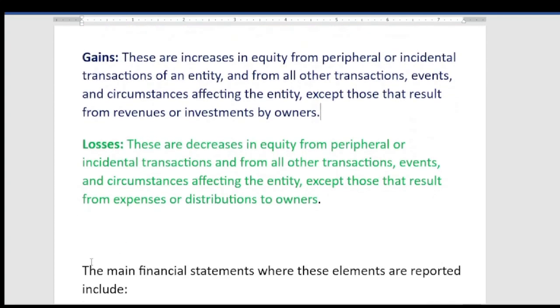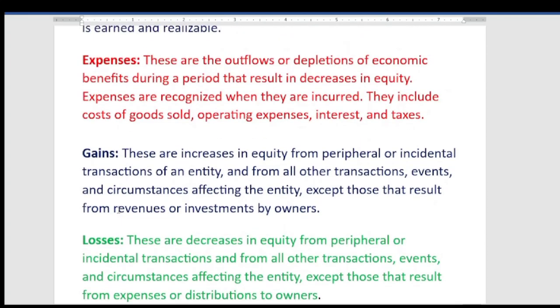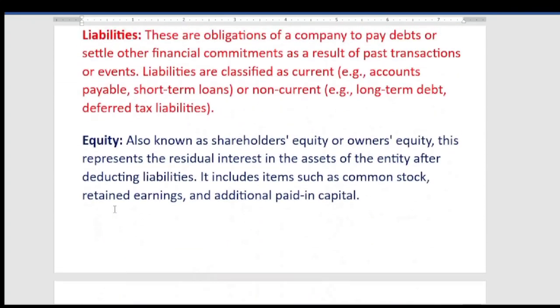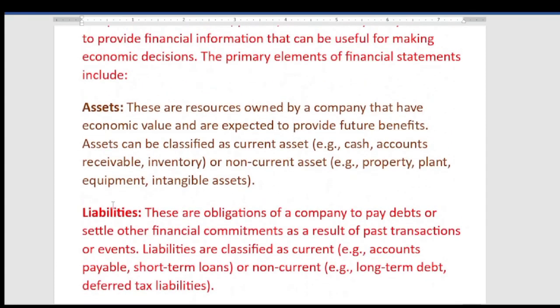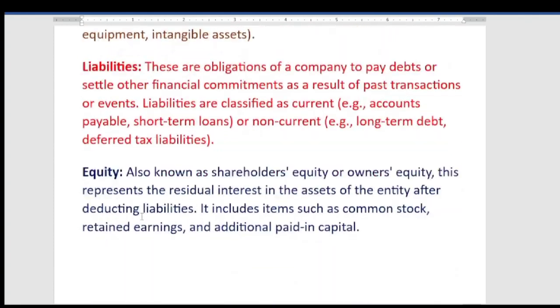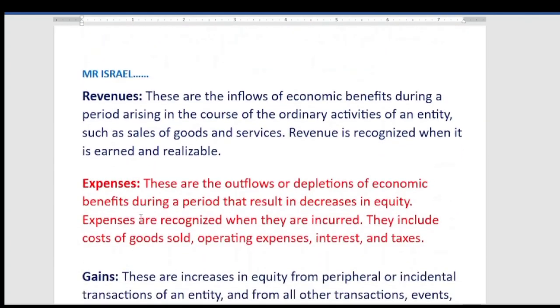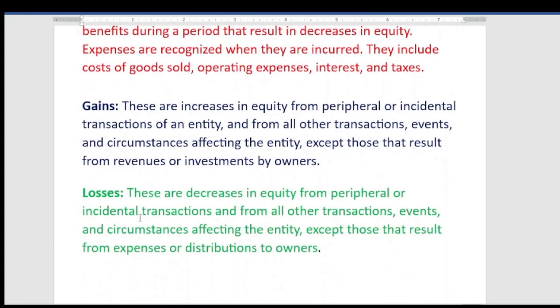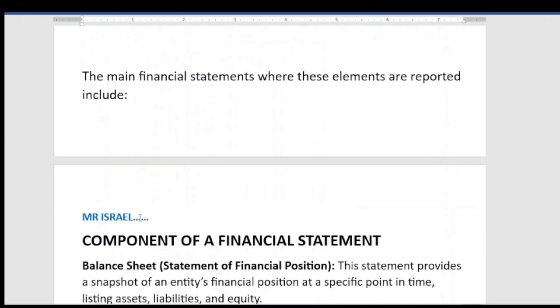The main financial statements where all these elements are reported, they are reported somewhere. That is what I'm saying, that they are under something. Where all these elements are reported will take us to what we call components of financial statements.